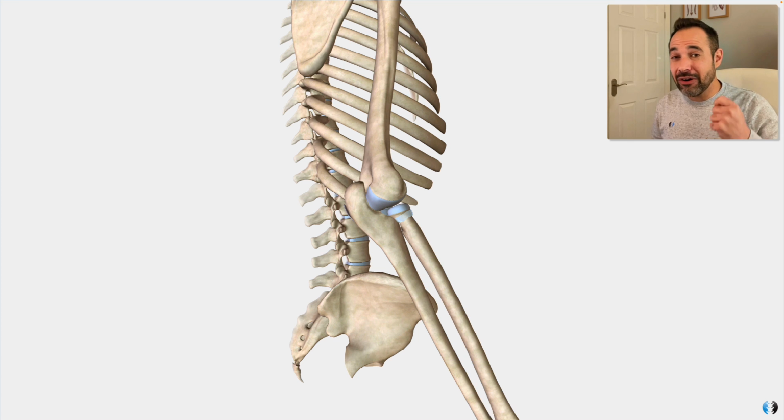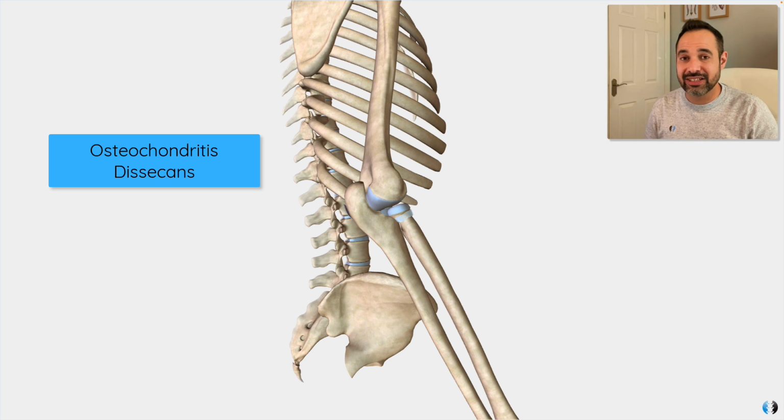But there is a very important condition that can present around the lateral elbow in adolescence, and that is osteochondritis dissecans. Now, this is a condition where areas of bone and cartilage don't get the blood supply that they need, and that can unfortunately lead to cell and tissue death of that bone or cartilage, and therefore it's super important that we are looking out for this.